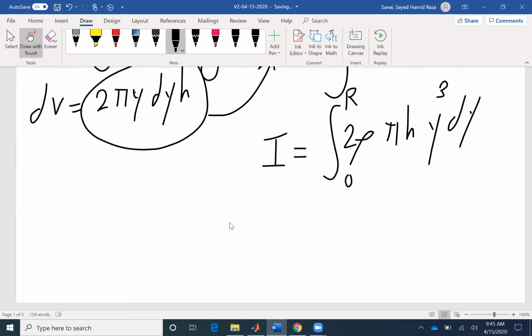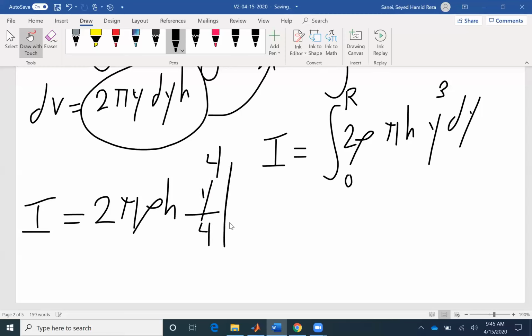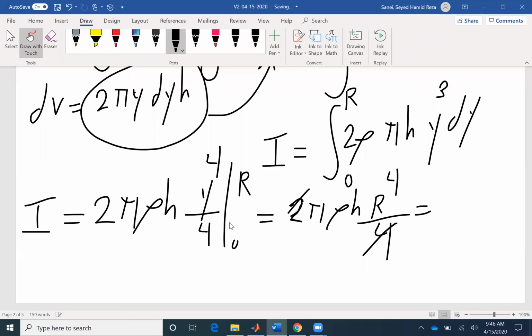So I can write I equals 2 pi rho h times y to the fourth over 4, from 0 to r, which is simply 2 pi rho h r to the power of 4 over 4, or if I simplify that, it would be half of pi rho h r to the fourth.